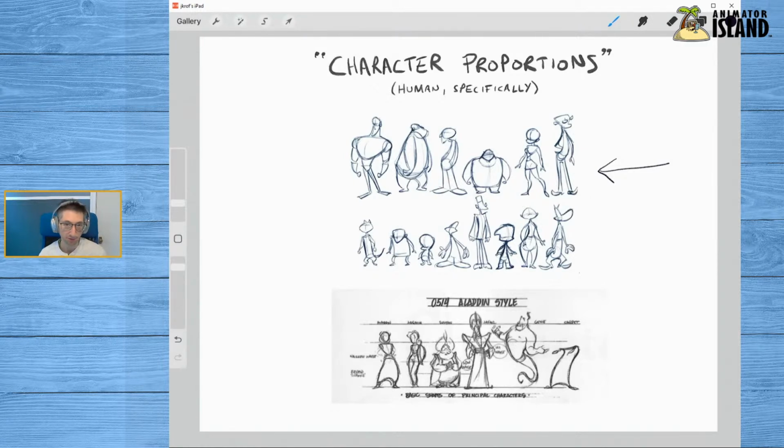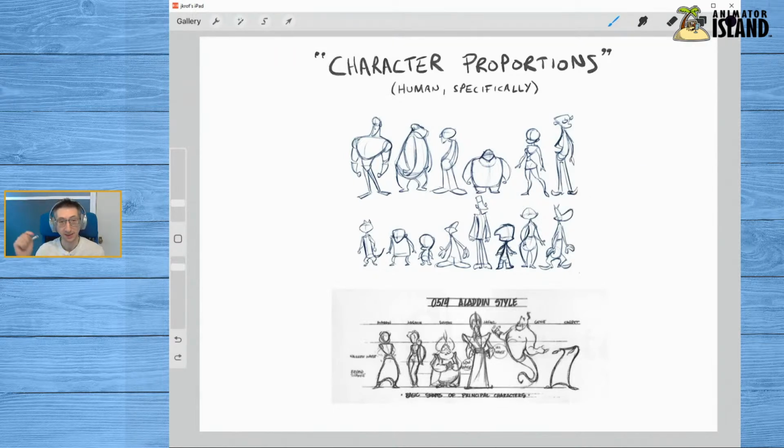And that's very different than proportion, because you could take similar shapes and put them in all sorts of different proportions. You can also, to a degree, take similar shapes and make them different body types. So shape design is something kind of unique to itself, and it can be related to proportion, and it can be related to body type, but it's almost its own thing, and we need to treat it as such.